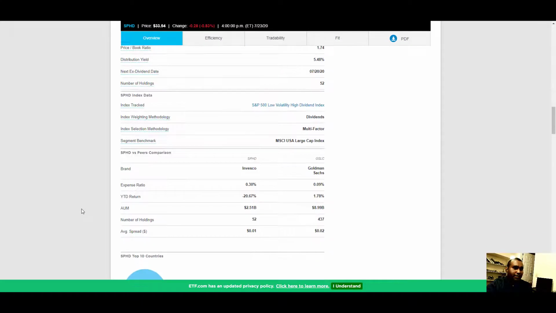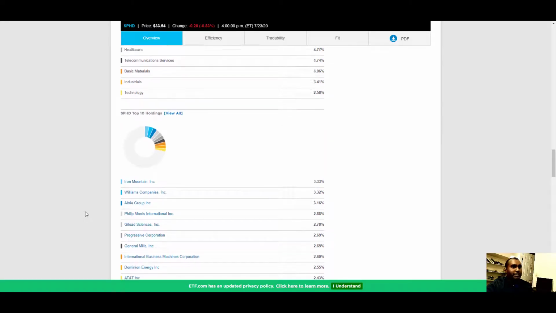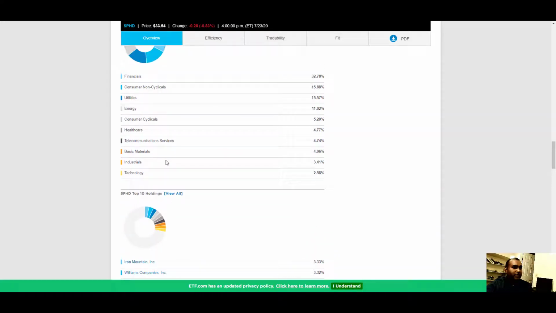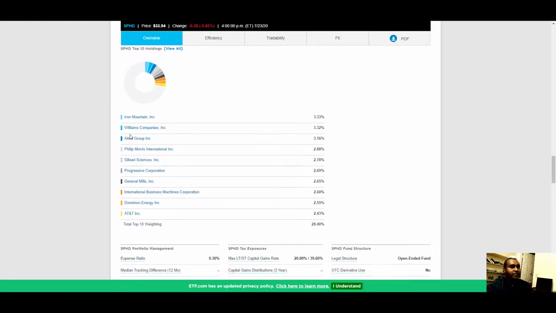If you go down, down, down, they'll show you the top 10 holdings: Iron Mountain, Williams Companies Inc., Altria Group, Philip Morris, Gilead Sciences, Progressive Insurance, General Mills, International Business Machines, Dominion, and AT&T. So out of this, there are some conclusions you can draw, right?